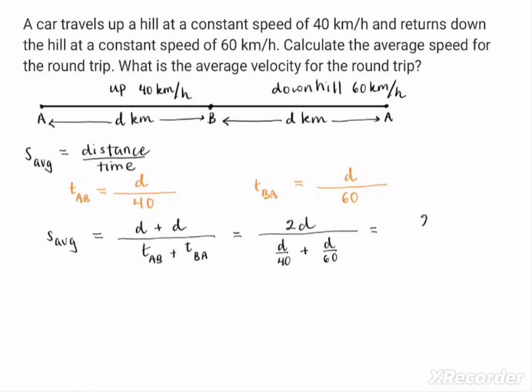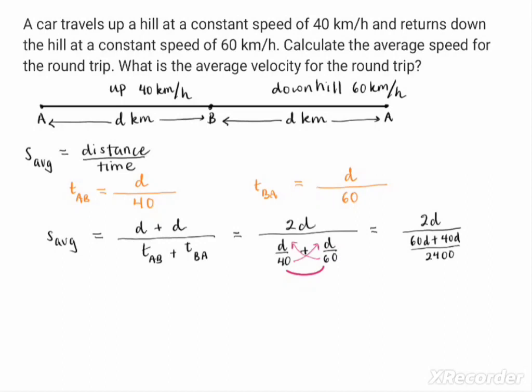So that gives us 2D divided by, we can do cross multiplication here, 60 times D and then 40 times D, and then in the denominator you multiply 60 and 40. So that gives us 60D plus 40D divided by 2400. 2400 is 40 times 60, so that's in the denominator.